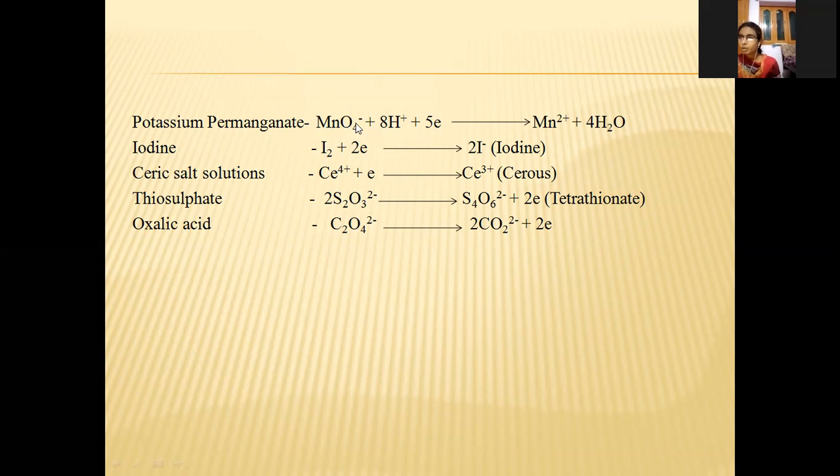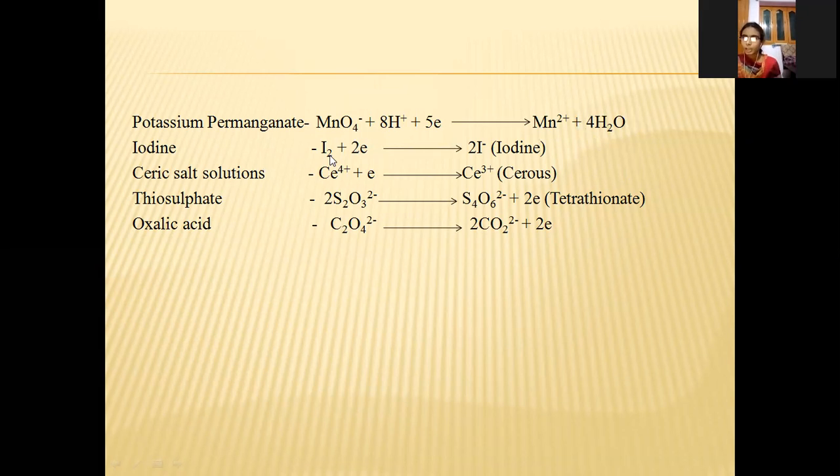The 4 oxygen atoms shift to the hydrogen atoms to form water, 4H2O. This is balanced: 4 times 2 gives 8 hydrogen atoms, and the 4 oxygen atoms balance as well. Manganese is obtained and 5 electrons are eliminated.